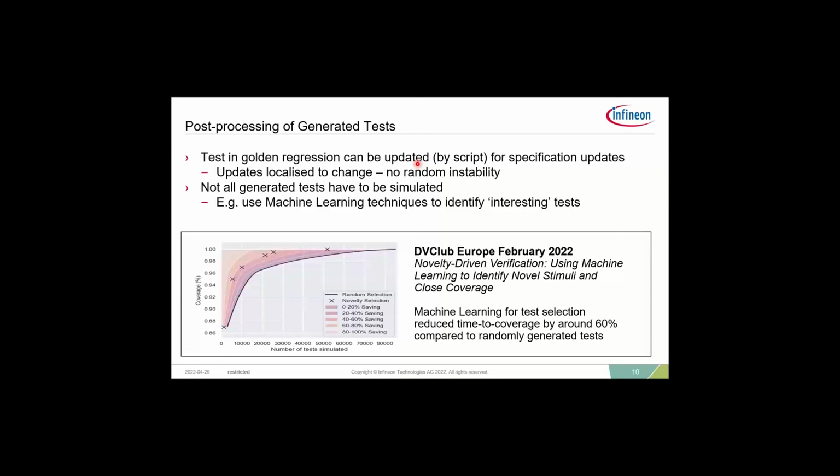Okay. We've got a couple of minutes left, so one final question, a bit on the machine learning. How is machine learning used to get a list of required tests? This presentation is available online anyway, so there's certainly more detail there, but we use machine learning to determine novelty of a test. We look across the generated tests and choose the ones that look most novel with regard to the tests that have already been simulated, and then pass those tests onto the simulation environment.